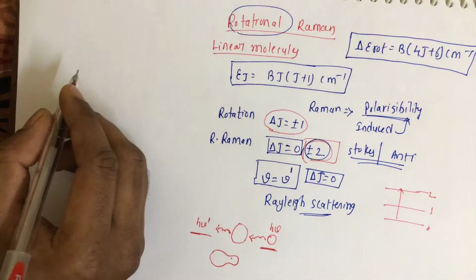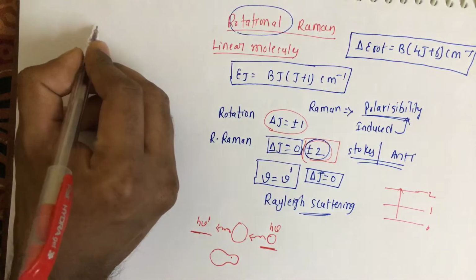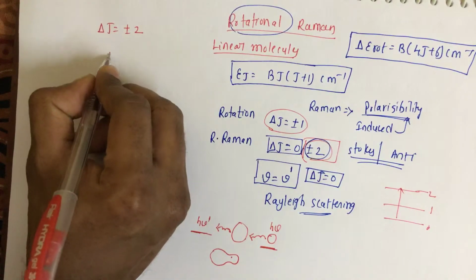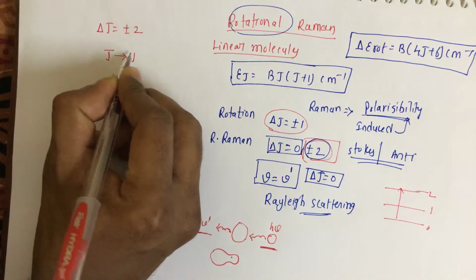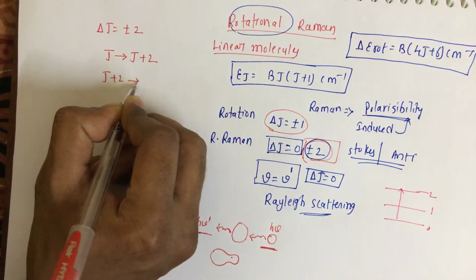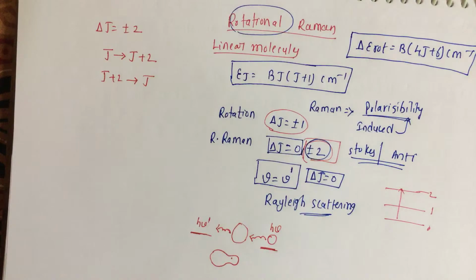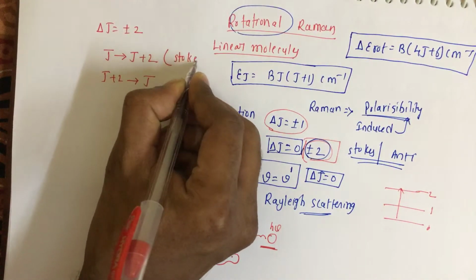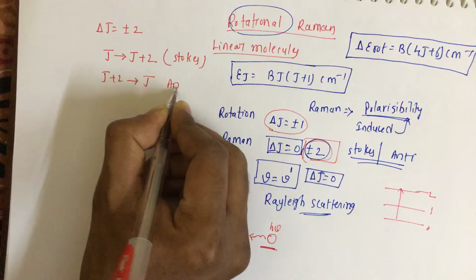Now how do we show delta J equals plus or minus 2? When we say delta J is plus or minus 2, that means the transition from J to J+2 or J+2 to J. This is for Stokes and this is for anti-Stokes.